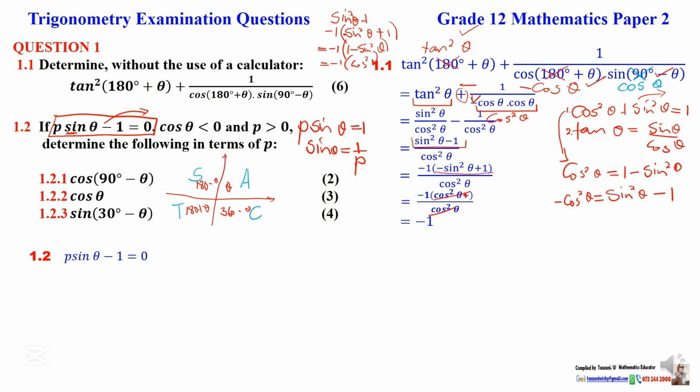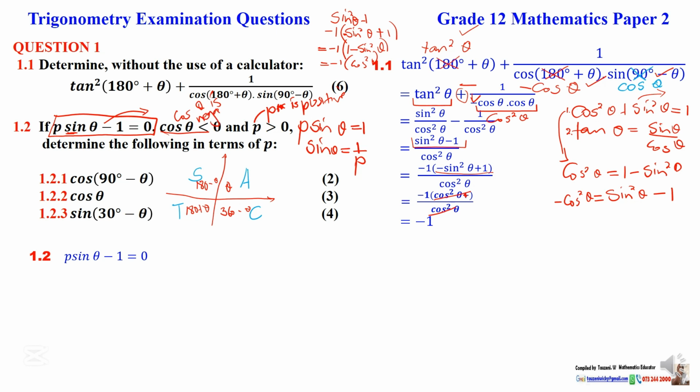Now, if you do that, you are going to have two conditions here. The first condition that we have is that this statement says p is positive. P is positive. Then this one here tells us that cos theta is negative.